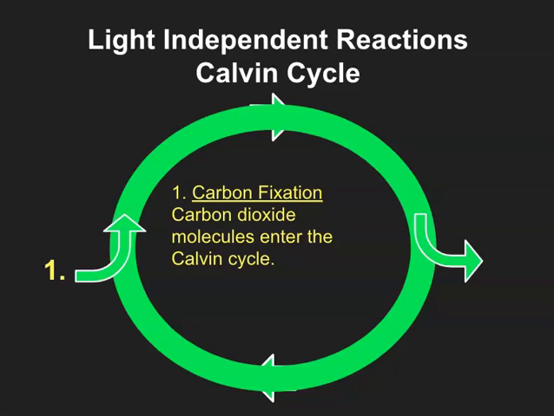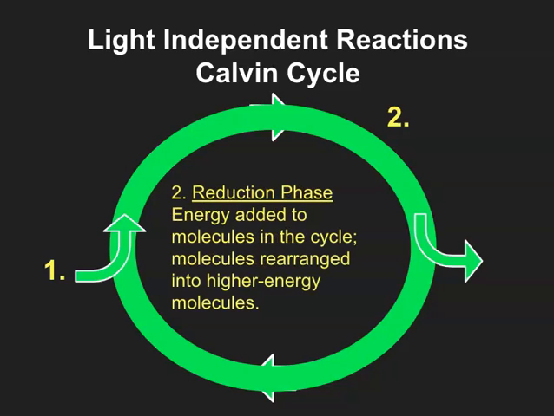If you recall back to the carbon cycle, carbon fixation is a part of the carbon cycle. In the second step, the reduction phase, energy is added to the molecules in the cycle from the ATP and the NADPH. The molecules are rearranged into higher energy molecules containing more carbon atoms. The energy is found between the bonds of the carbon.